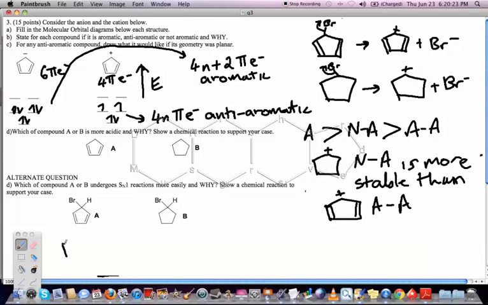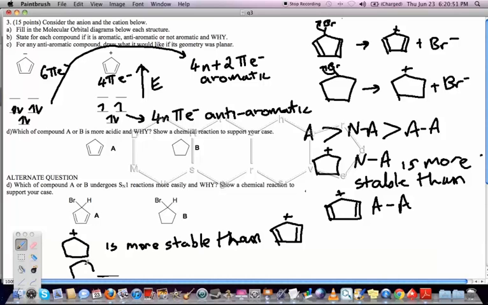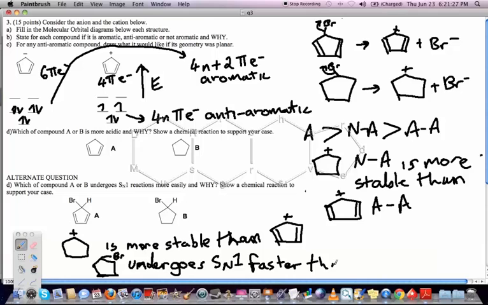So we can say that since this is more stable than this, then we can argue that this compound, with the Br on it, undergoes SN1 faster than this compound with the bromine on it.